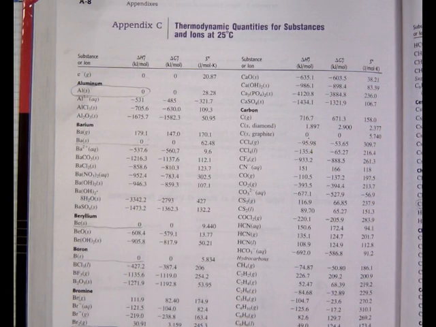If you're writing a reaction that contains cyanic acid, it should be written in that form, because all of them are in this table. These are the most abundant forms of the substances, and they are collected within a thermodynamic quantities table.